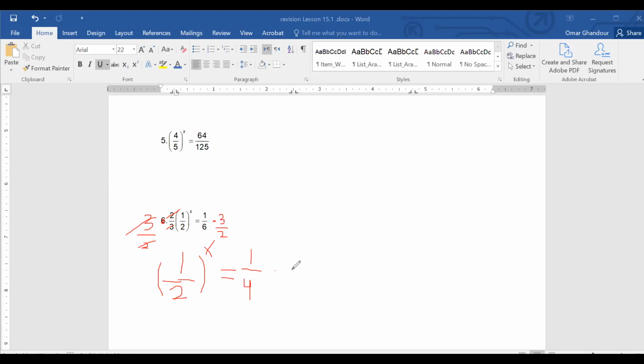So I can say that actually this is equal to (1/2)^2, which means by equating the bases that x is equal to 2. And this was the second part of the lesson, which was solving algebraically.